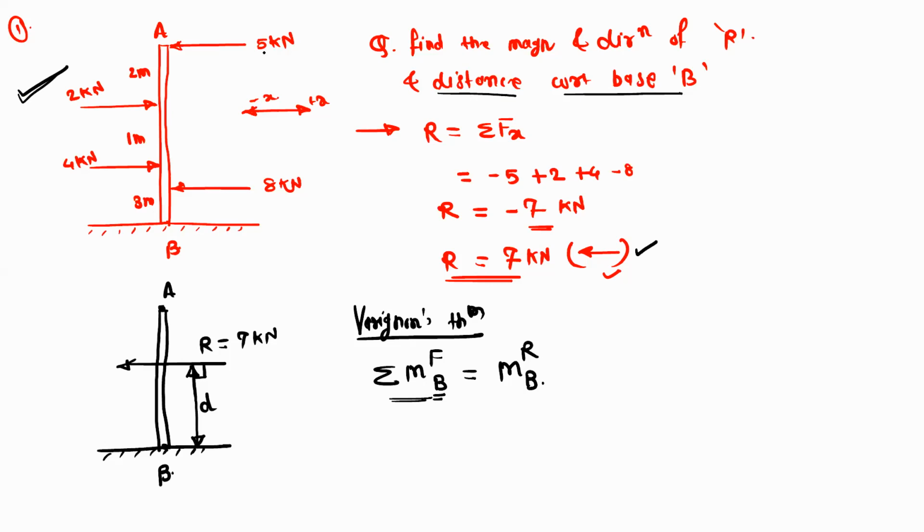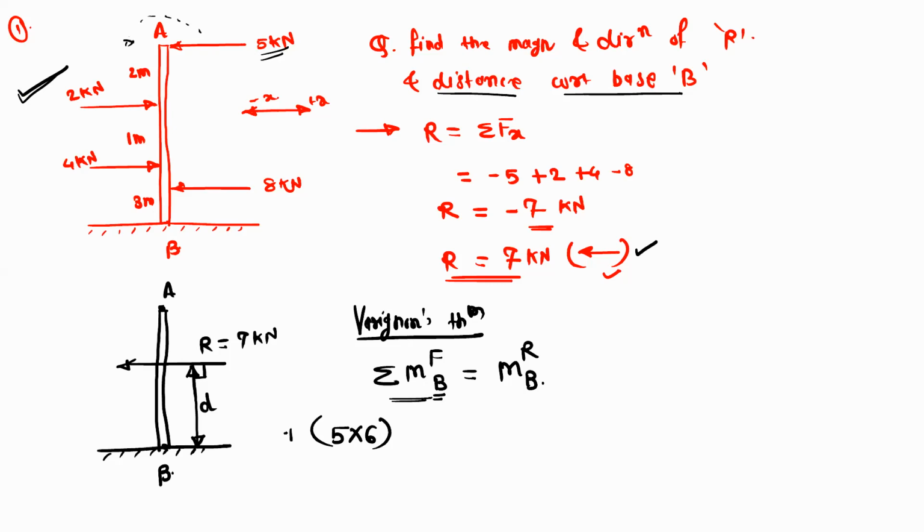So you can start from the 5 kilonewton and take the moment about the point B. So for 5 kilonewton, the total distance with respect to point B is equal to 2 plus 1 plus 3. Okay. So this is 6 meter. So its moment will be 5 into 6. And this moment is in the anti-clockwise direction.